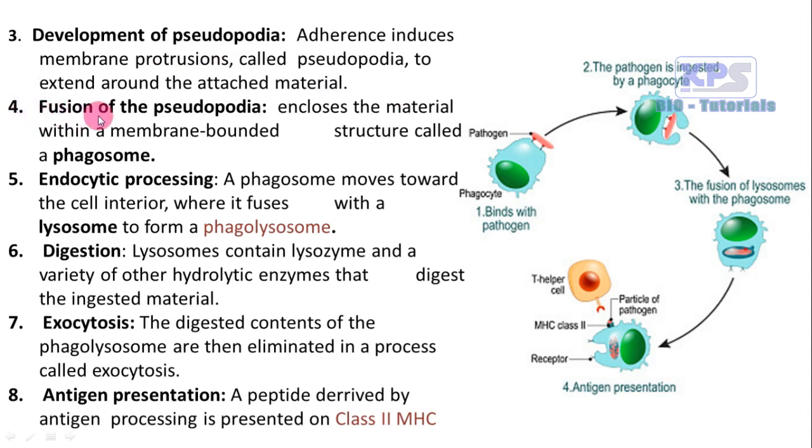Then fusion of the pseudopodia. After developing the pseudopodia around the antigen attached to the phagocyte, these pseudopodia fuse so that the antigen will be internalized by the macrophage and captured in a structure namely phagosome.